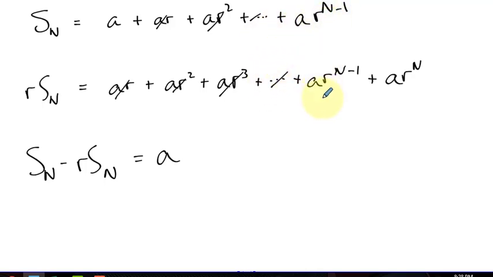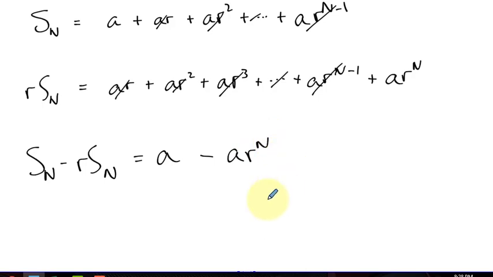This term will cancel with that term, because you're taking this term and subtracting an identical term, but then finally you're subtracting this last term that isn't going to cancel, so we'll just have minus a times r to the power n.